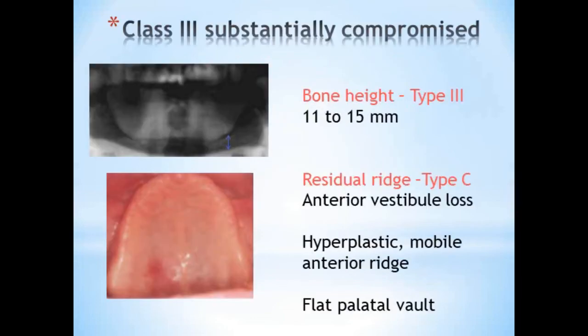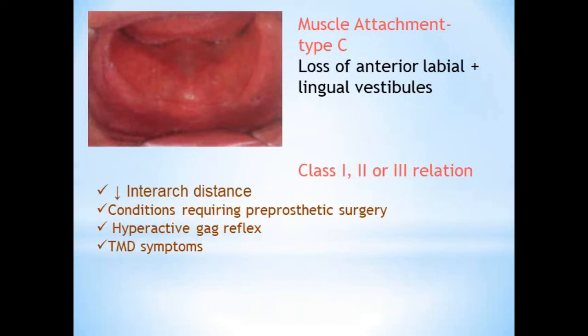Next is class 3, that is substantially compromised. So the criteria are bone height is of type 3, that is 11 to 15 millimeter, and then the residual ridge type is C, that is with anterior vestibule loss and also hypoplastic mobile anterior ridge and a flat palatal vault. The muscle attachment is type C, that is loss of anterior labial and lingual vestibules.